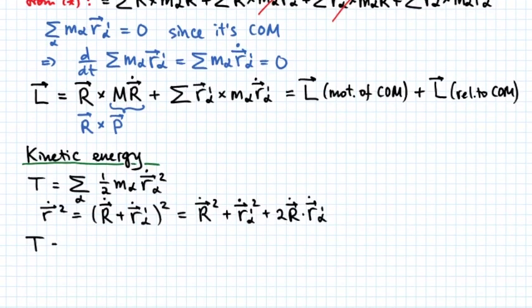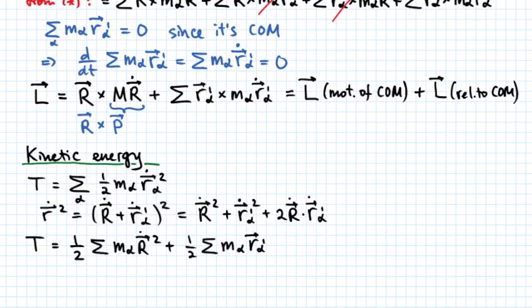Thus, the kinetic energy will have three sums. There will be the sum of m alpha, capital R dot squared, times a half, plus half of the sum over all alpha of m alpha r alpha prime dot squared, plus we'll have capital R dot times the sum of m alpha times r alpha prime dot.